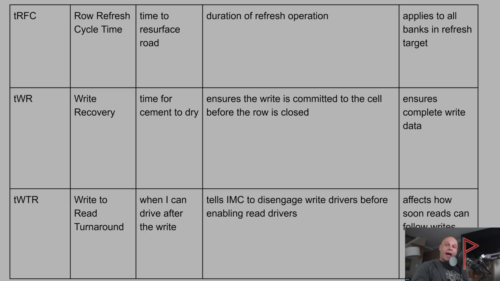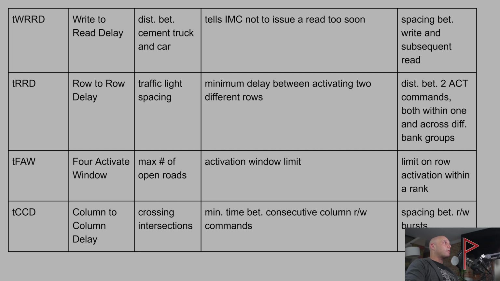So this is what actually tells the controller to disengage the write driver before engaging the read driver. Write to read delay, tWRRD. We can look at this as the distance between the car and the cement truck. So it says to the controller, hold up, don't issue the read just yet. Gives you a little bit of spacing there.